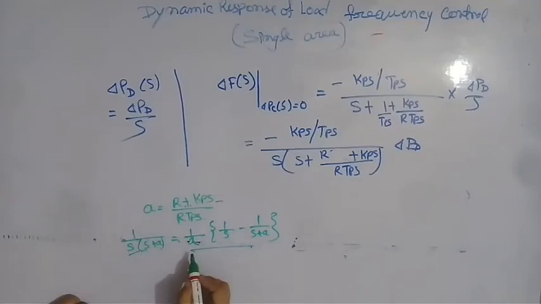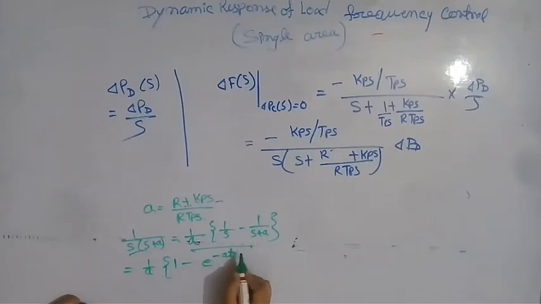So the inverse Laplace of this is 1 by a times (1 minus e to the power minus at).